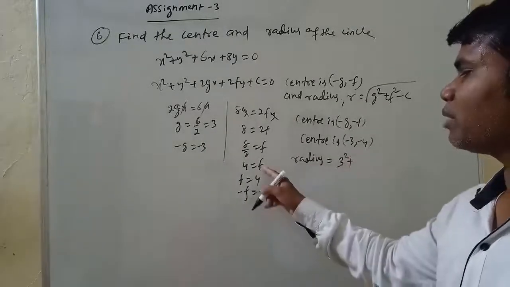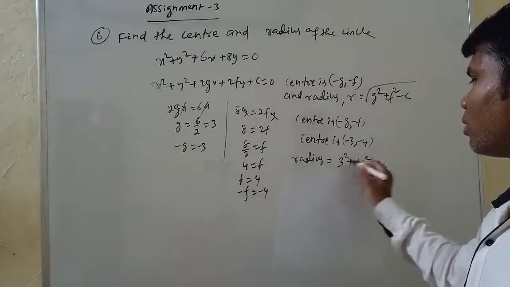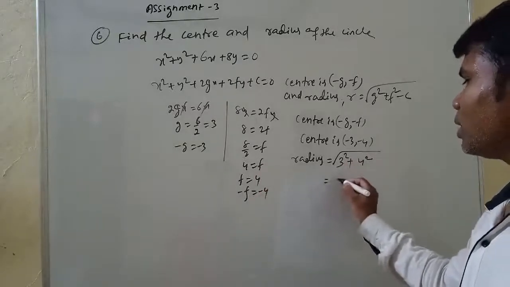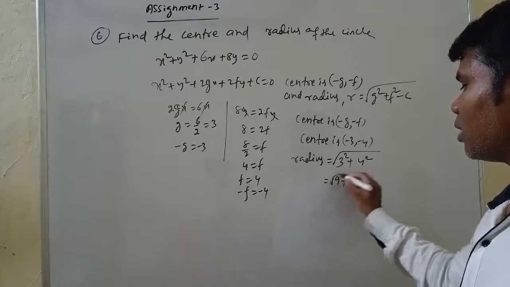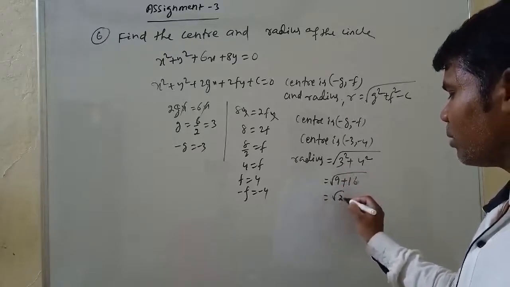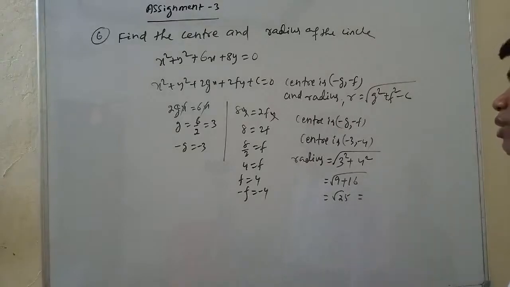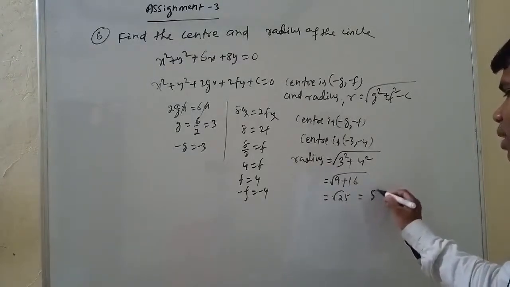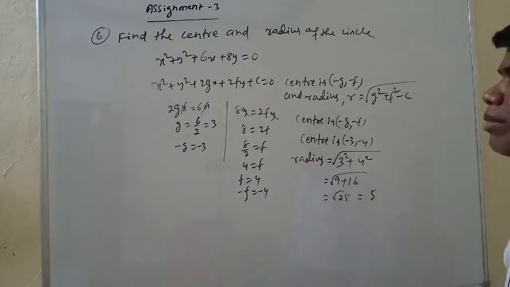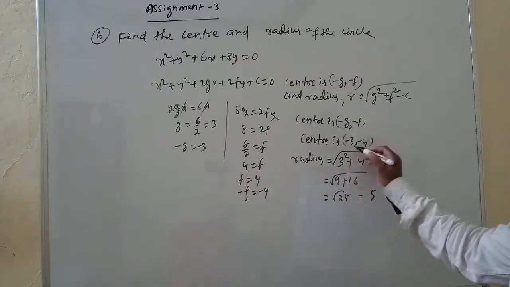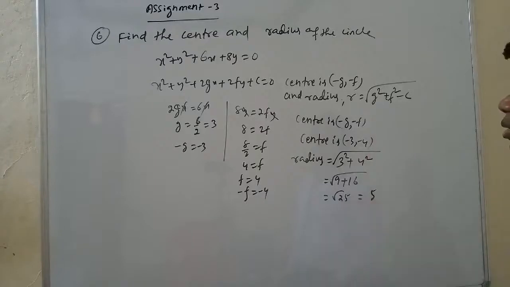F is equal to how much? 4, root over. Okay, is equal to root of 9 plus 16, is equal to root 25. Root 25 is equal to plus or minus 5, but radius is positive, so you will write 5. That is radius is equal to 5. Center is equal to minus 3, minus 4. Radius is equal to 5.